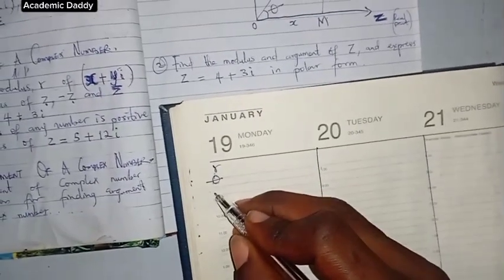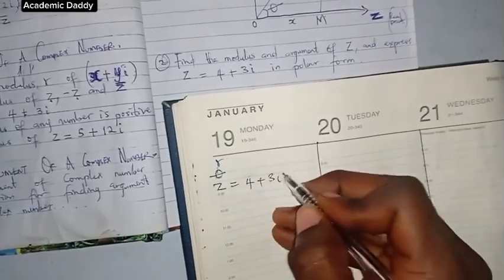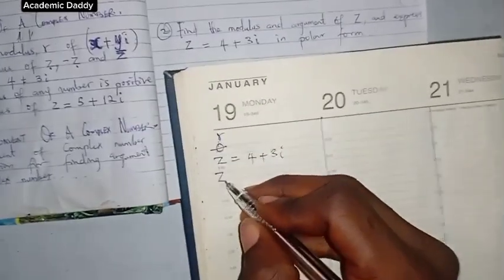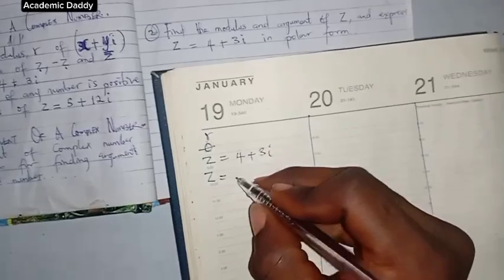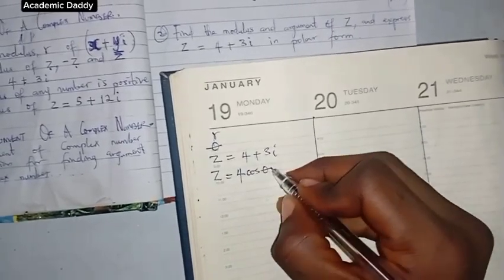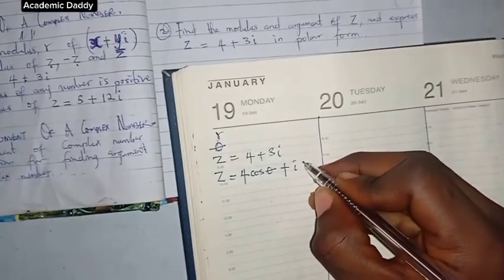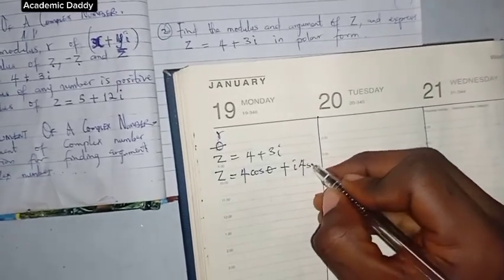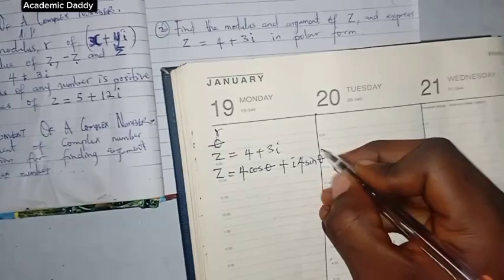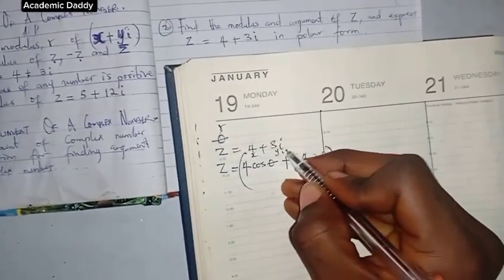The complex number they gave us is 4 plus 3i. That means the polar form will be 4 cos theta plus i 4 sin theta, because this is x, this is y, this is i.